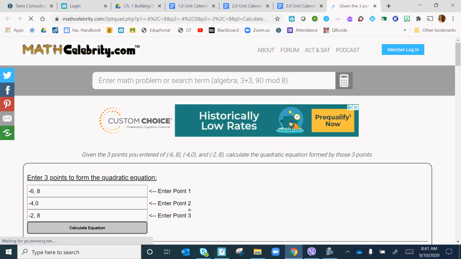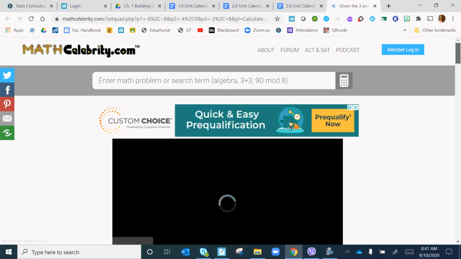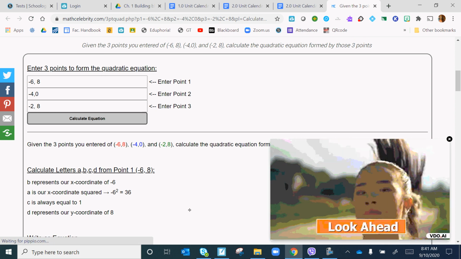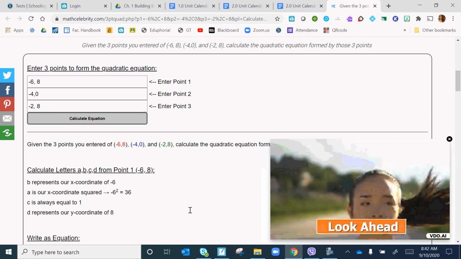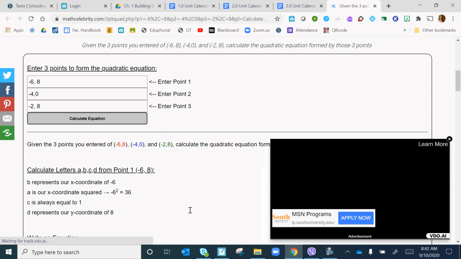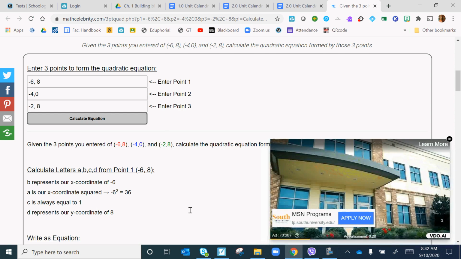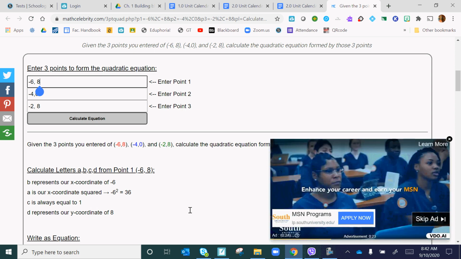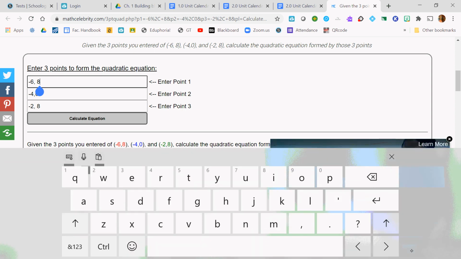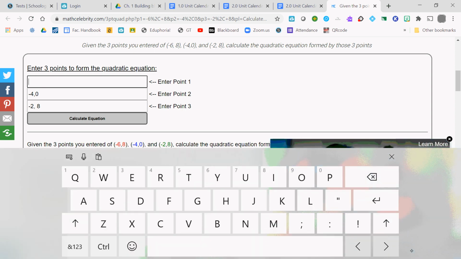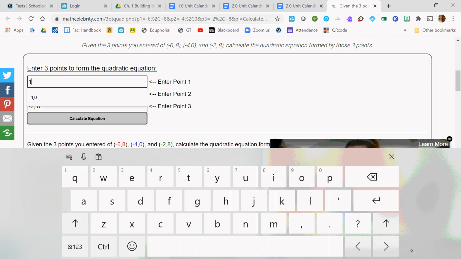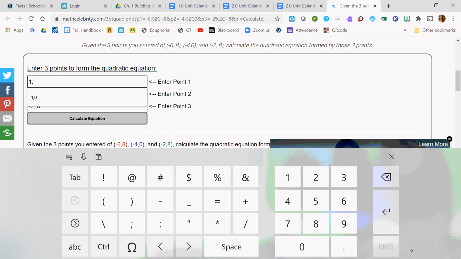It's pretty simple, and it's free. All you need to do is, at this point right here, it says enter 3 points from the quadratic equation. So right here is where we want to substitute those 3 points. The first one was when there was 1 person at the party, there was 0 handshakes.